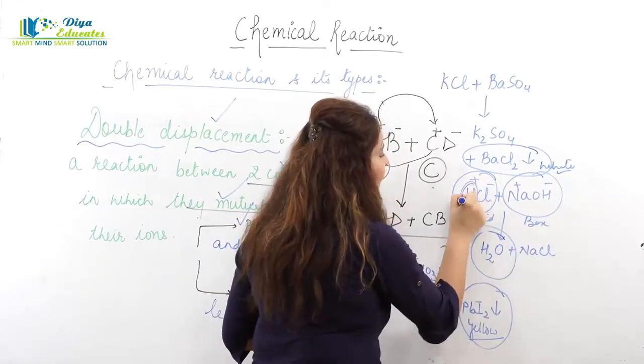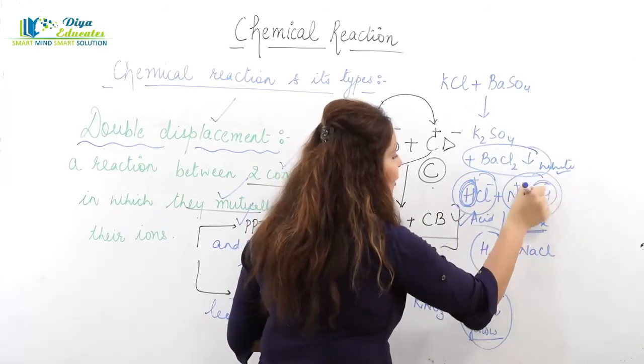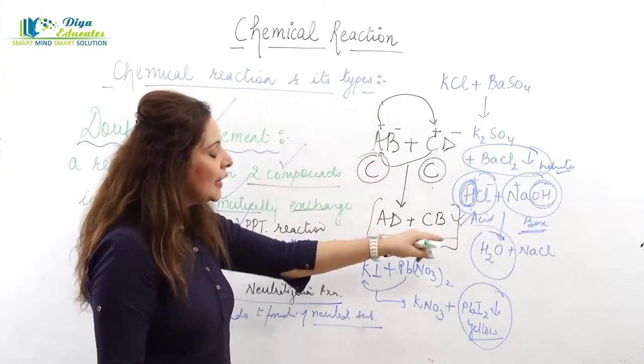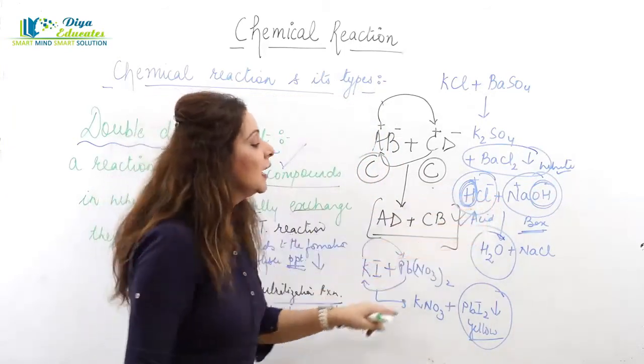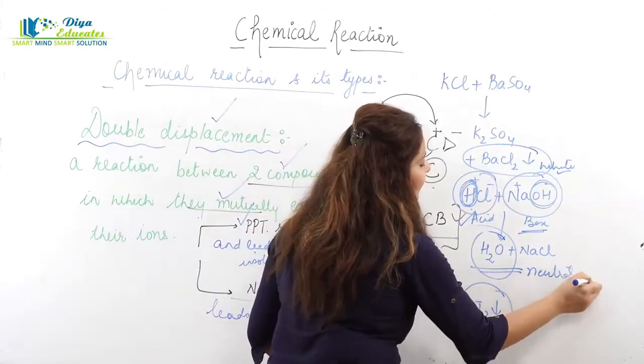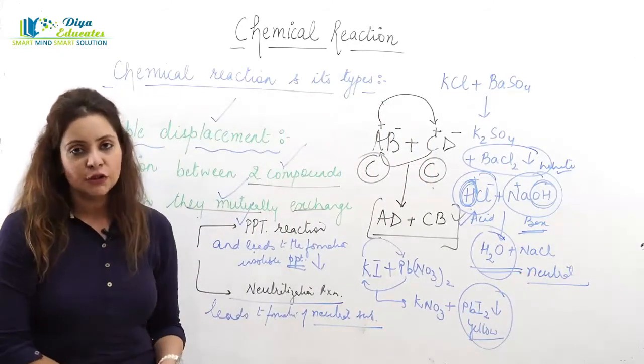Any substance which has H ion is an acid and any substance which has OH ion is a base. So two compounds, acid and base, when they react, they exchange their ions and lead to the formation of a neutral substance which is neither acidic nor basic. Right. So this is what a neutralization reaction is.